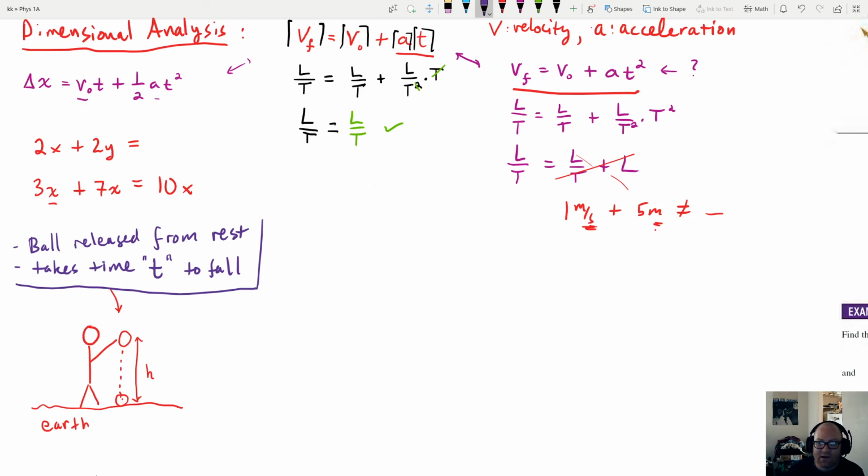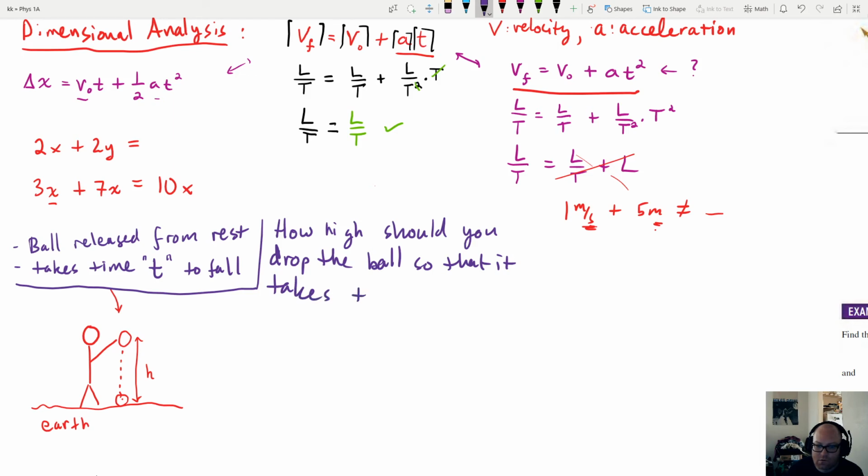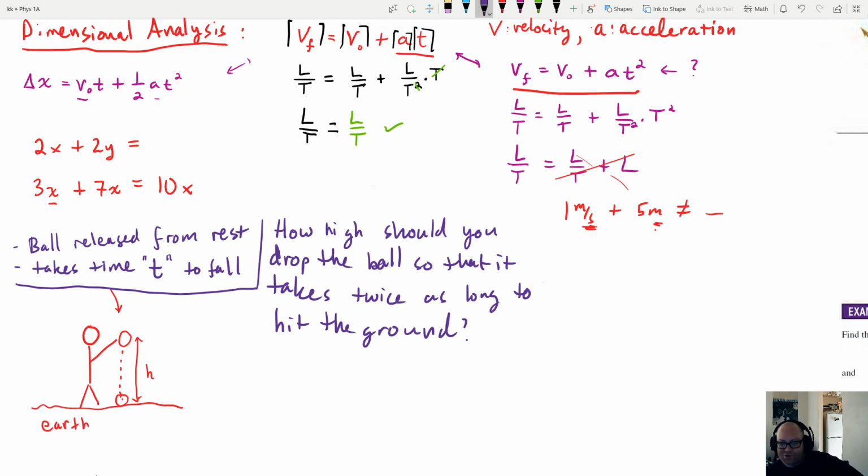So this is the setup, and the question is, how much higher should you drop the ball relative to the initial height that you dropped it from, that we call h, so that it takes twice as long to hit the ground?